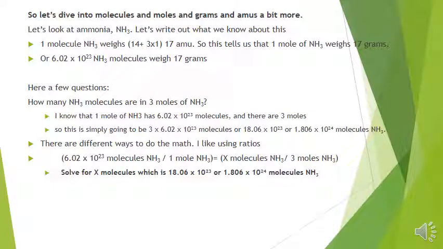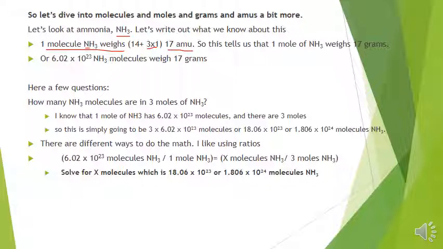Okay, now let's look at it a bit more. This will get to your question. So let's look at ammonia. Ammonia is NH3. So 1 molecule weighs 14, because nitrogen's 14, and there are 3 hydrogens, 3 times 1. So 1 molecule of ammonia weighs 17 AMUs.